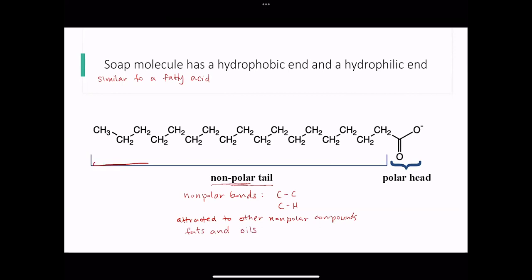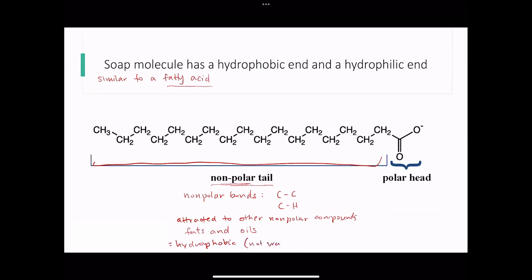So this part of the soap molecule is attracted to fats and oils secreted on your skin or in your hair. That is very similar to the structure of a fatty acid. There's the same nonpolar end. Now, that is called hydrophobic. Hydrophobic means it's afraid of water.